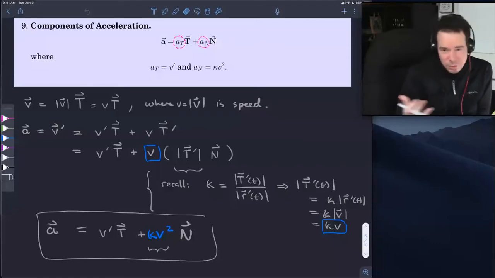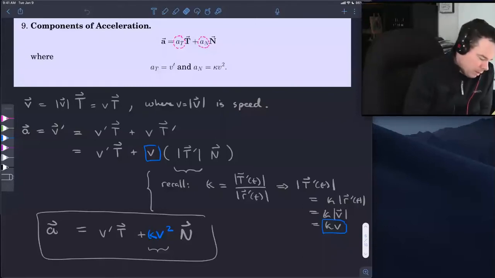So to briefly summarize, acceleration can be decomposed into two components. Whereas if you think about it, velocity is only acting along one of these directions. Velocity is a vector that points in the direction of the unit tangent to the curve. So velocity is always tangential to the curve. And now we're seeing that when we take this derivative, we can also get this extra component that's normal to the curve as well. And so that's what we ended up with last day.